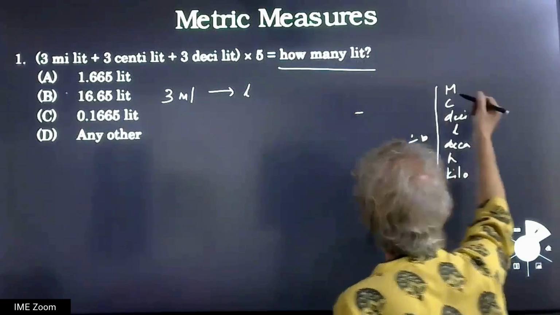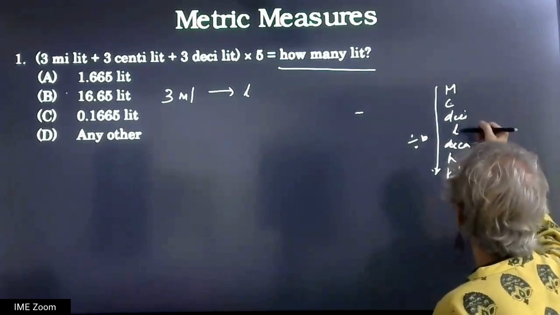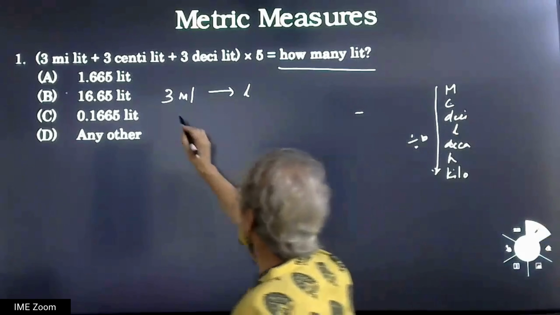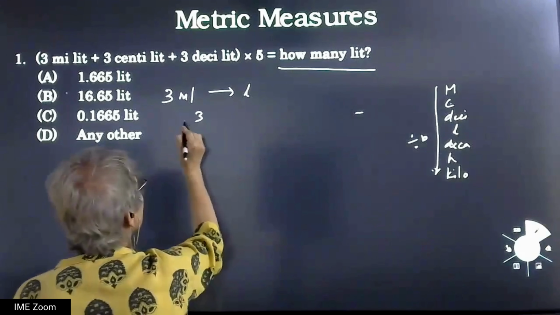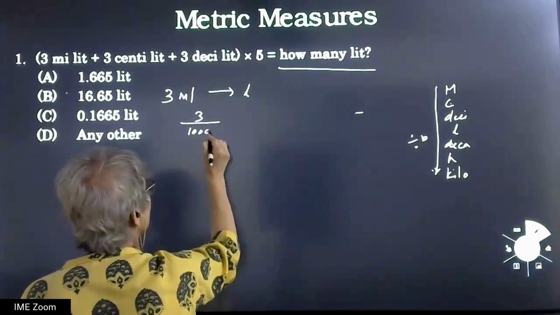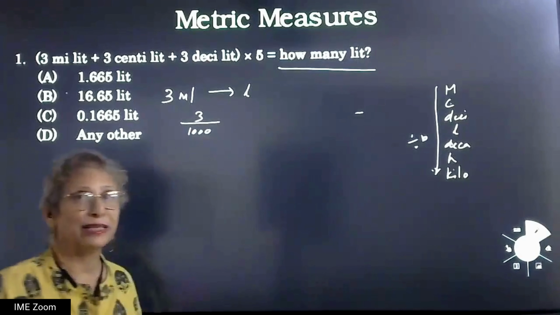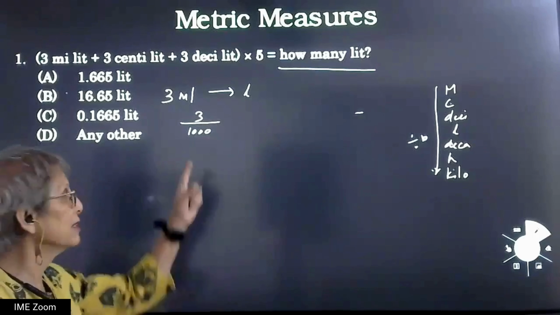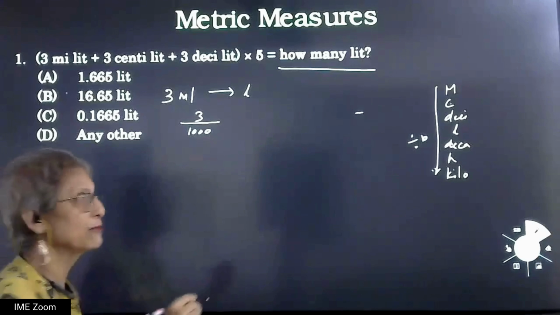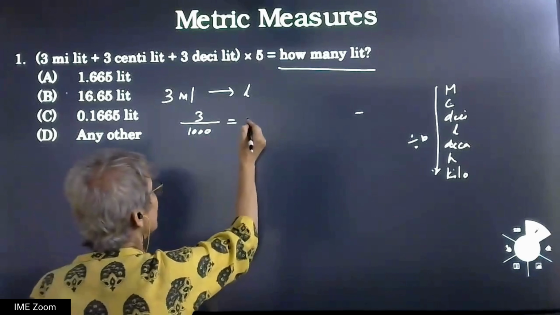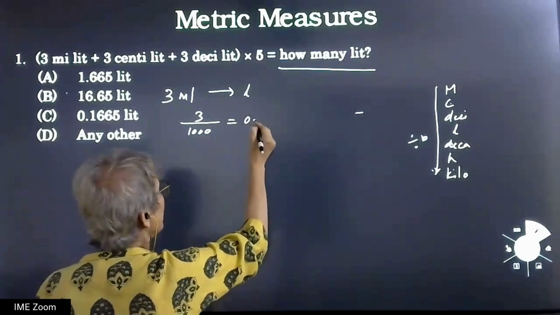We have to reach liter. From here, 1, 2, 3, third step. So we have to divide 3 by 1000. In the decimal fraction topic we have done, what we have to do? Shift the decimal point. So write this in decimal form, 0.003. This is 3 upon 1000. These are liters now.